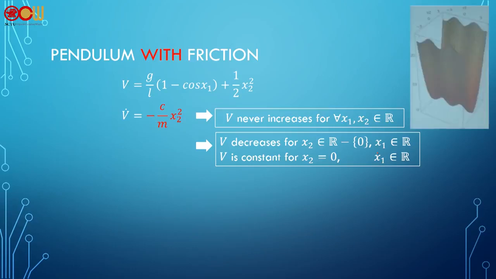For example, if x2 is 0, it's on this line, and x1 could be any value. So anywhere on this line, V is a constant, but x1 can be anywhere. And if you are here, the V value is greater than the V value here.